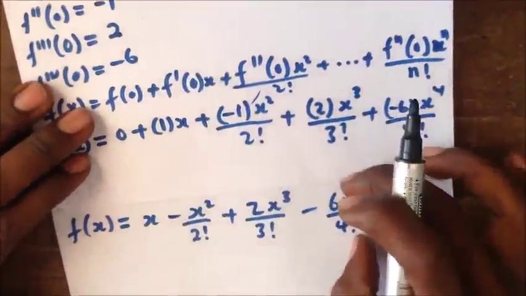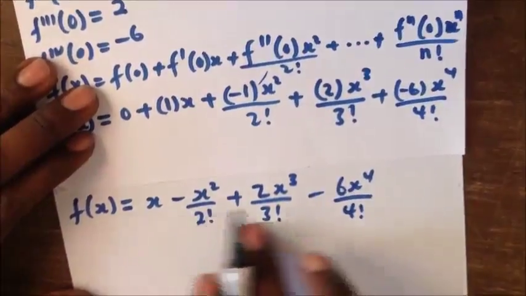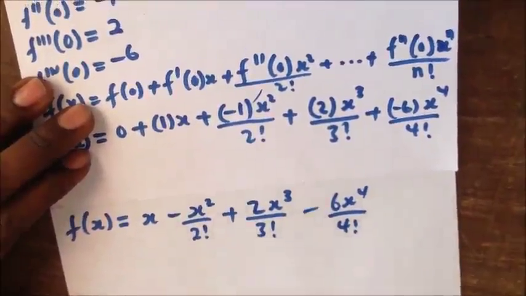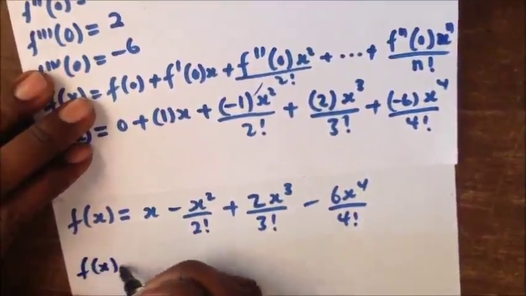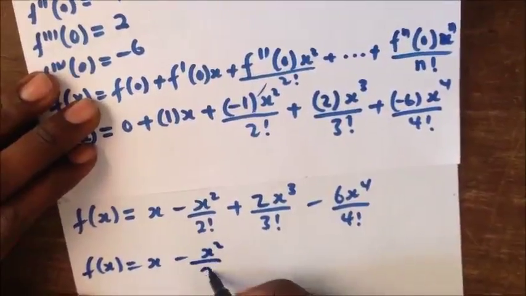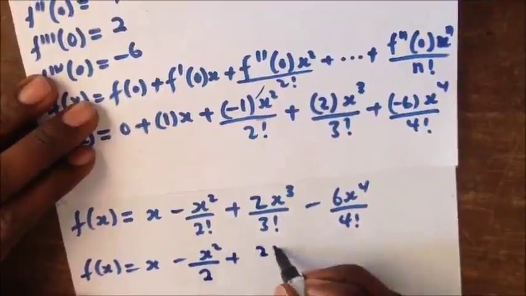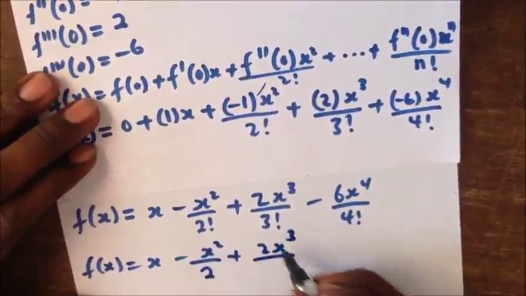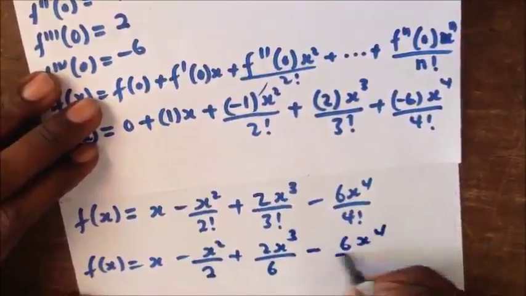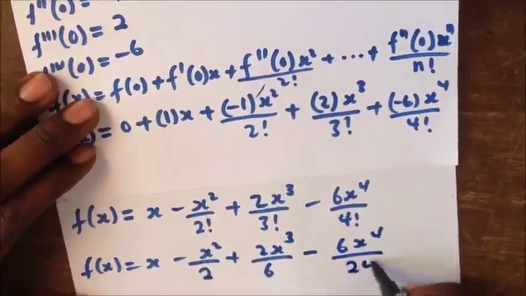So we can stop here, and if we like, we can find the value of these factorials. Let's simplify it further. Therefore, our f of x is equal to x minus x squared divided by 2 factorial, which is equal to 2, plus 2x to the power of 3 divided by 3 factorial, which is equal to 6, minus 6x to the power of 4 divided by 4 factorial, which is equal to 24.